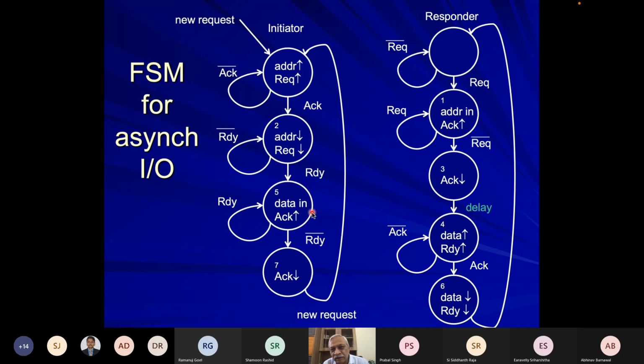Address removed from the bus would happen only if the slave has recorded the address. Address was put on the bus, and acknowledgement from the slave means that the slave has taken in the address. Okay, so we don't need it again. So even if we remain at the second stage, it won't affect anything till we go to the third stage.